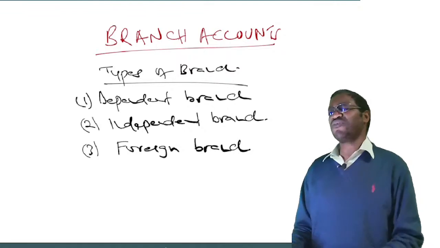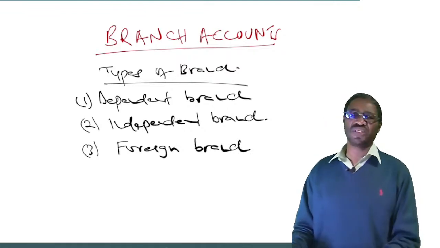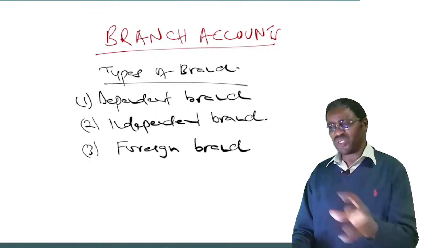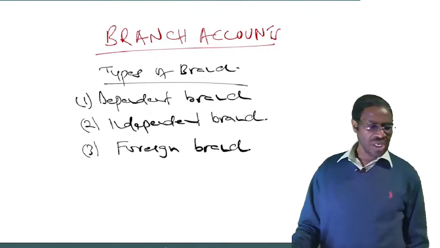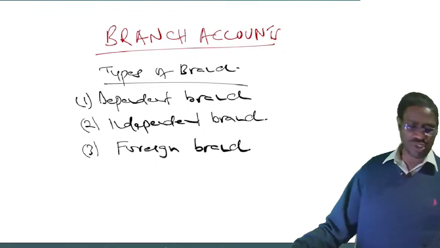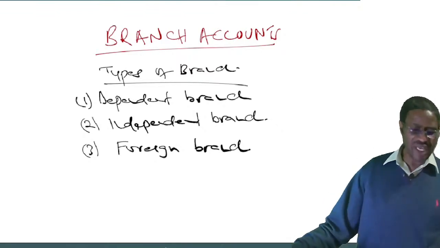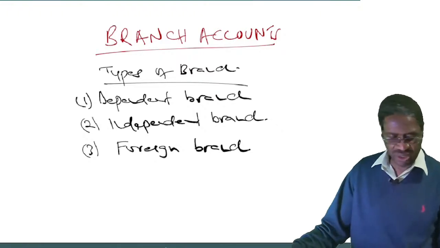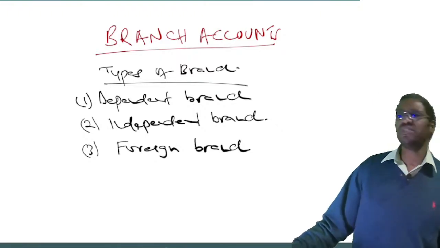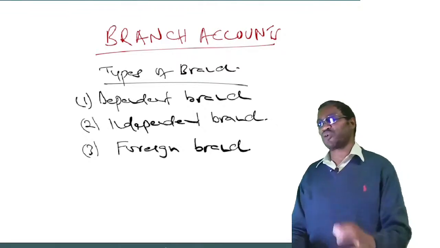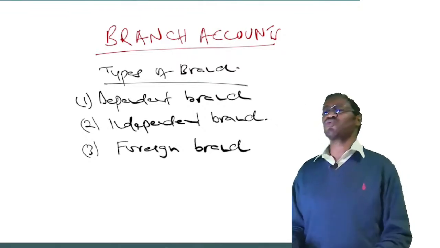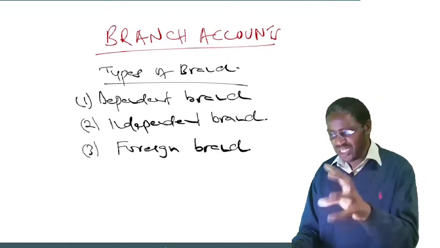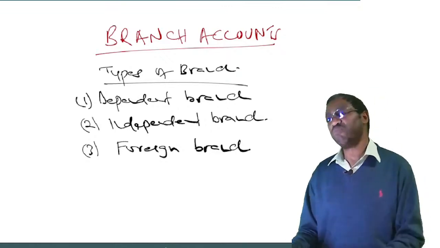So an organization may sell its goods through different outlets or branches, and the types are independent branch, dependent branch, and foreign branch.